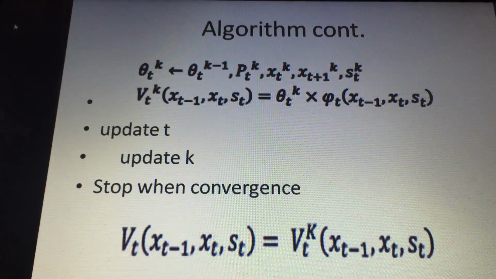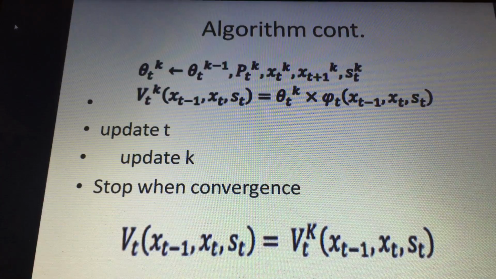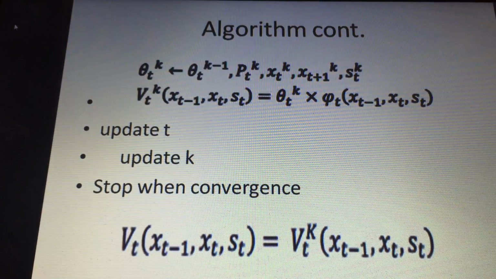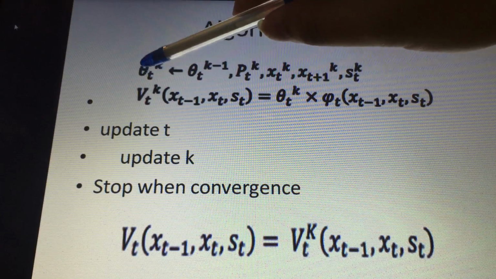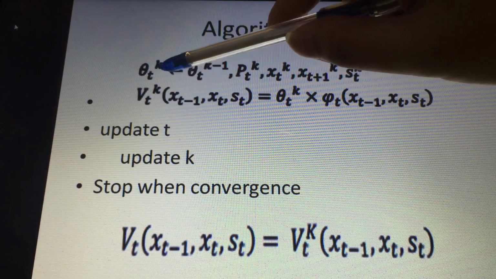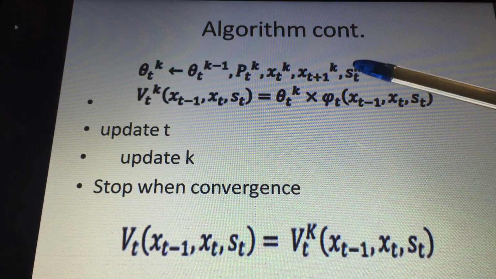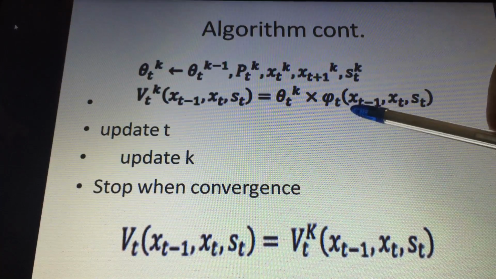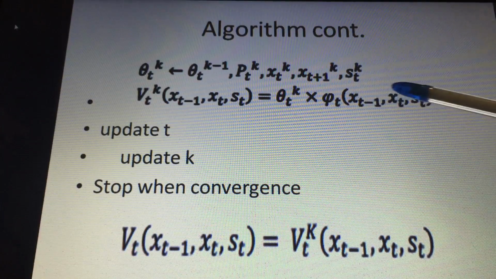Then we find the value function at time period t with iteration k, where theta is the parameter vector for the approximations, and phi is the nonlinear basis function for the expected profits.